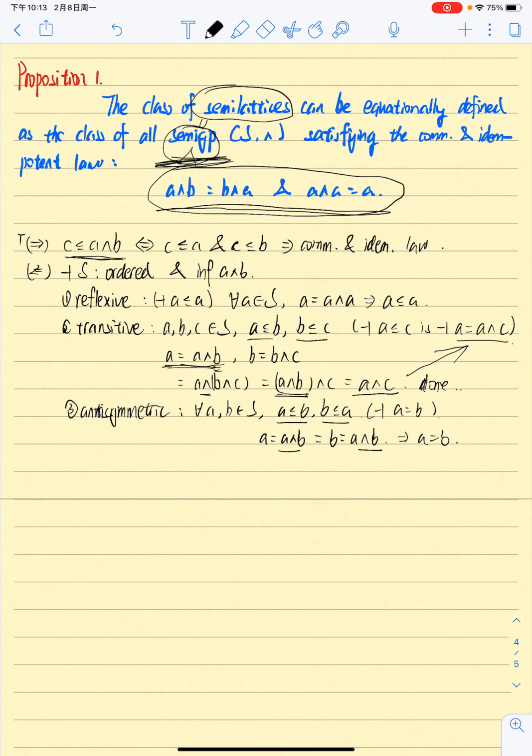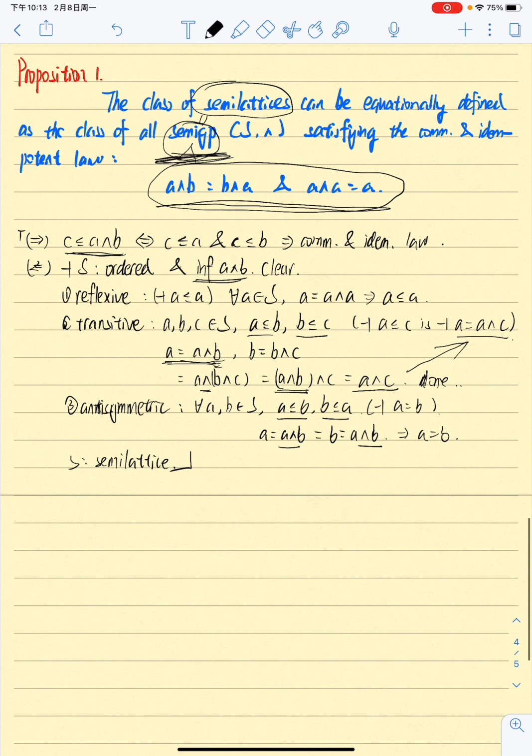Then S is ordered and the inf is clear. So we get S is a semi-lattice. Then we have proved this proposition.